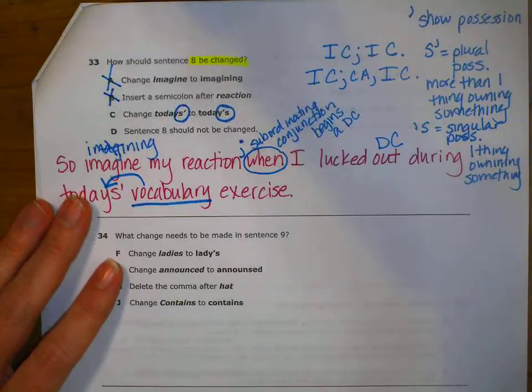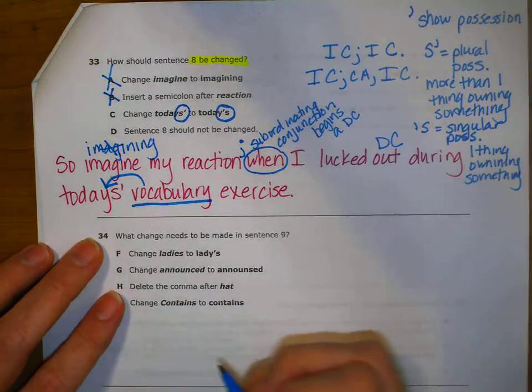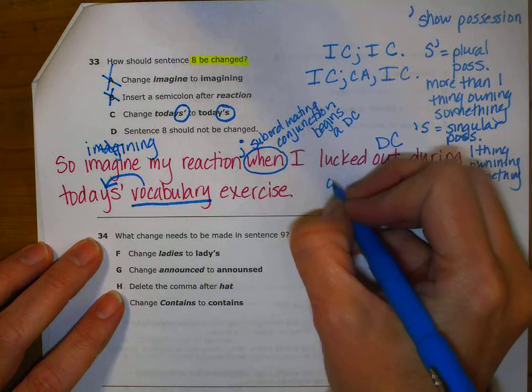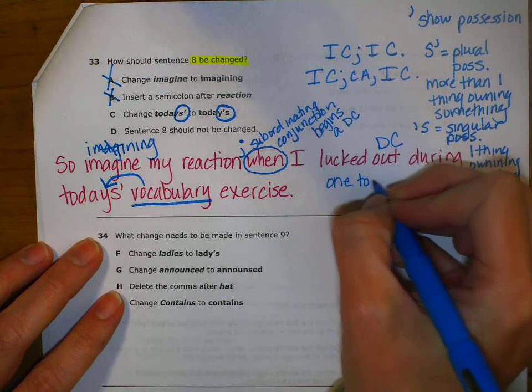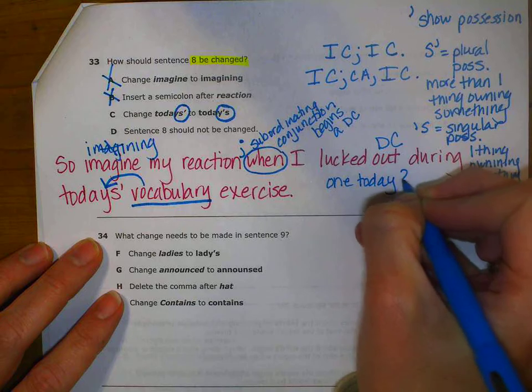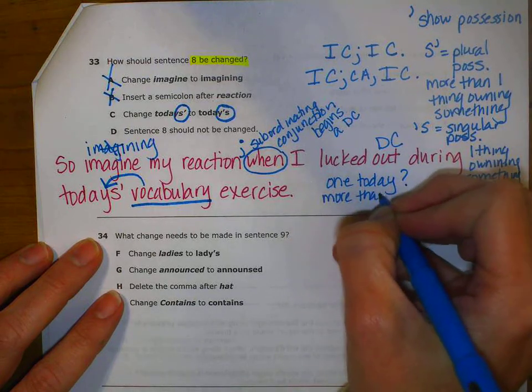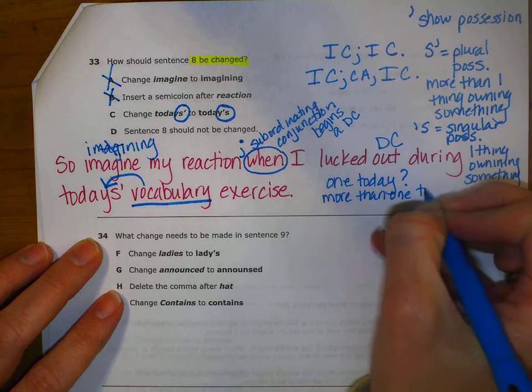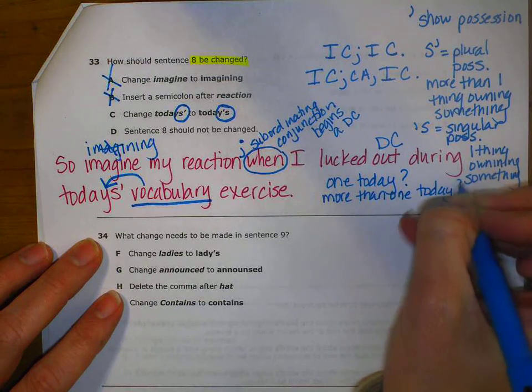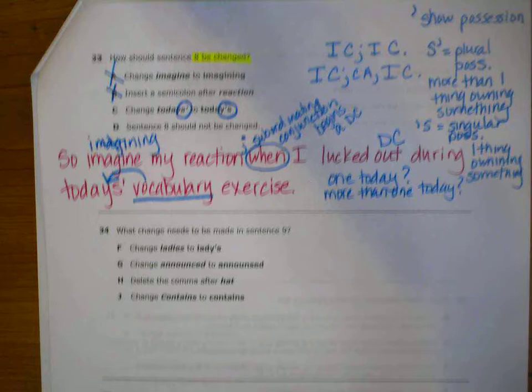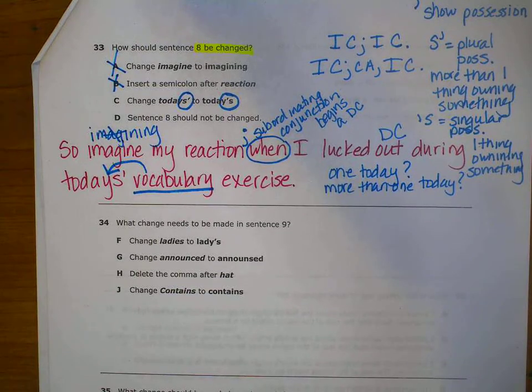So let's look at today. We need to figure out, is there one today, or is there more than one today? So imagine my reaction when I lucked out during today's vocabulary exercise.